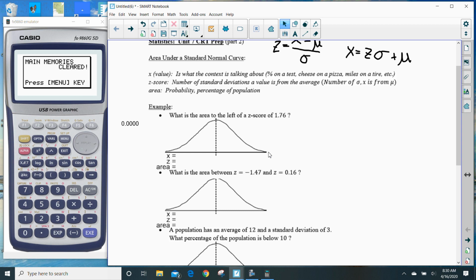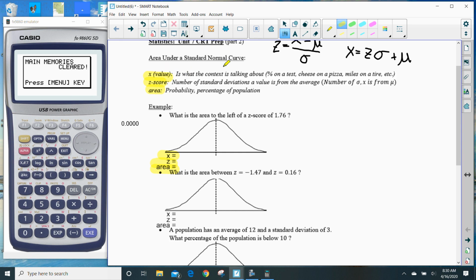There are three main pieces of information, as you can tell by all of these problems: an x value, a z-score, and an area. And we are going to transition between these things.